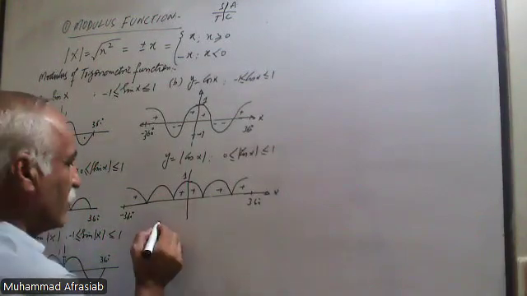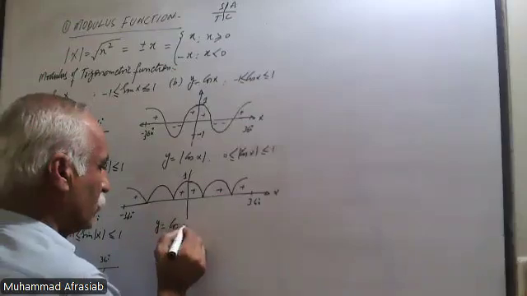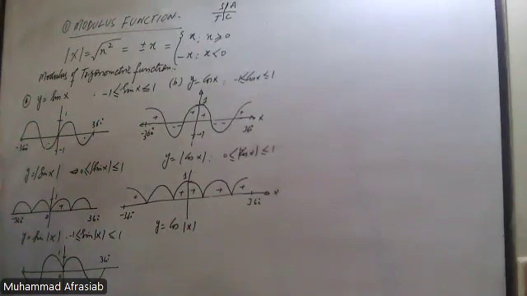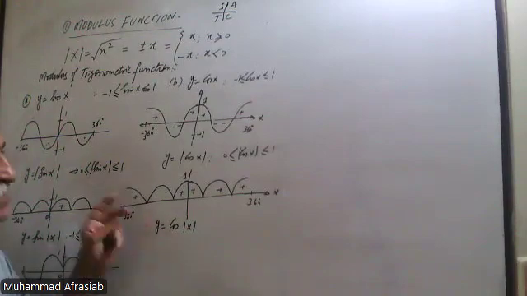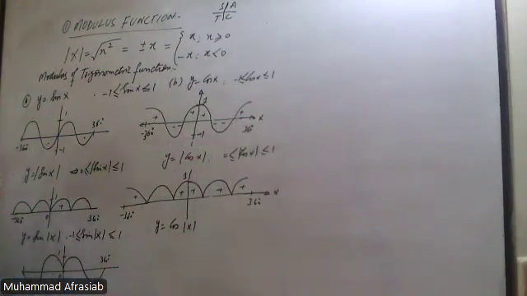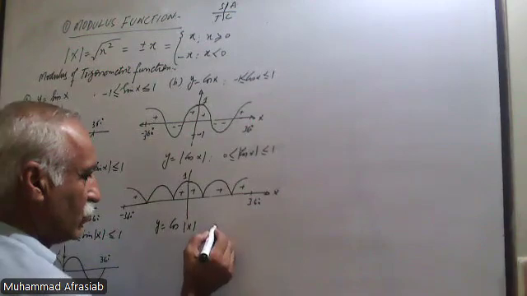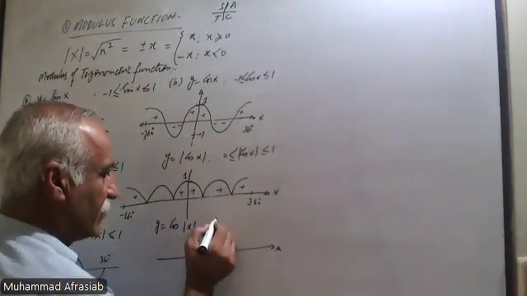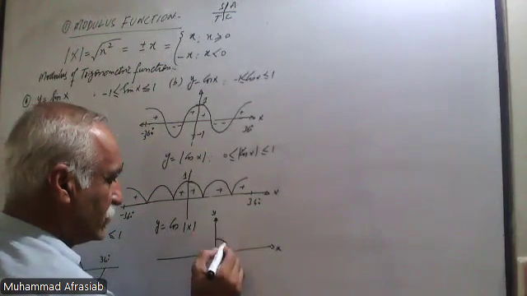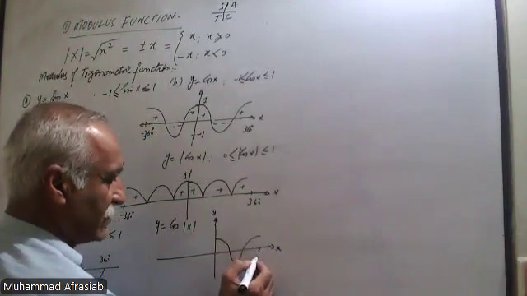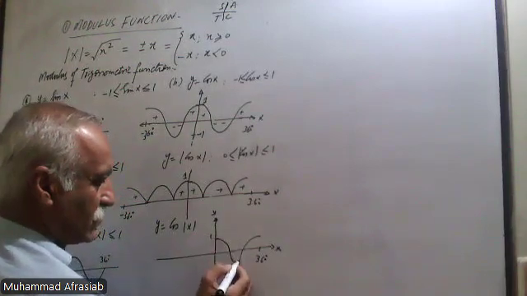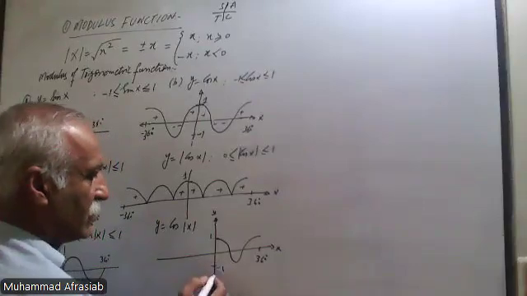Then we draw the graph of y equals cos of modulus x. That means x is the angle, so all negative angles will become positive, and their behavior will be the same as the right-hand side of the graph for cos of x. If this is the x-axis and this is the y-axis, then cos of modulus x is like this.